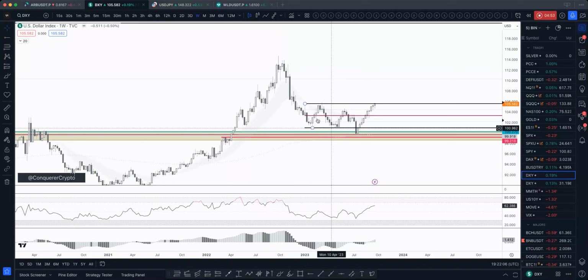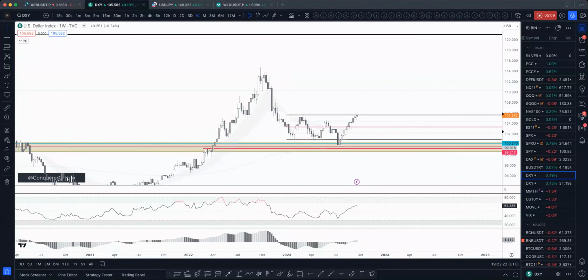Because it has been weak, printing lower lows, lower highs, lower lows. Now it printed the weekly higher high. So this is not something to ignore, but not the end of the world, basically. That's what I'm saying. So let's check the indices.